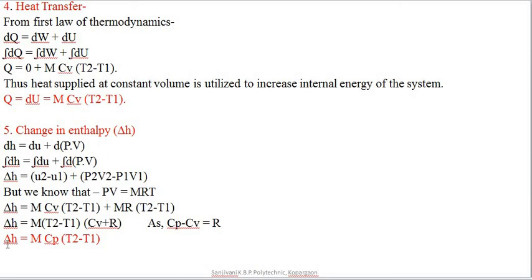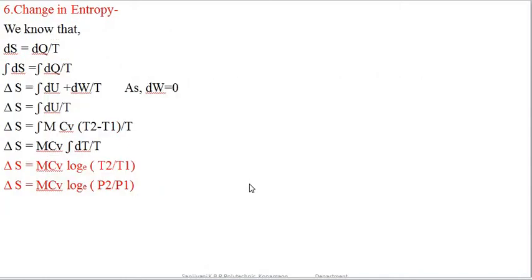Therefore this formula becomes delta H is equal to mCp (T2 minus T1). So this is the derivation to find the change in the enthalpy of the system for the constant volume process. Now the last parameter is the change in entropy for the constant volume process.